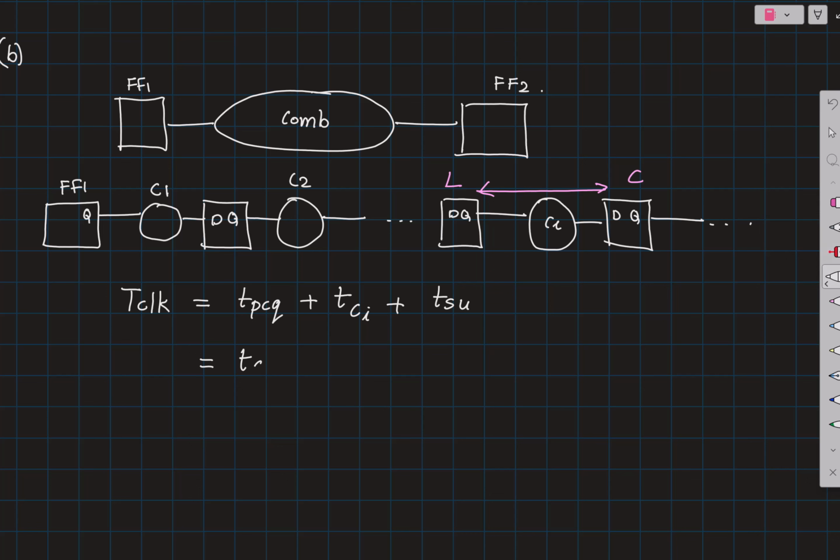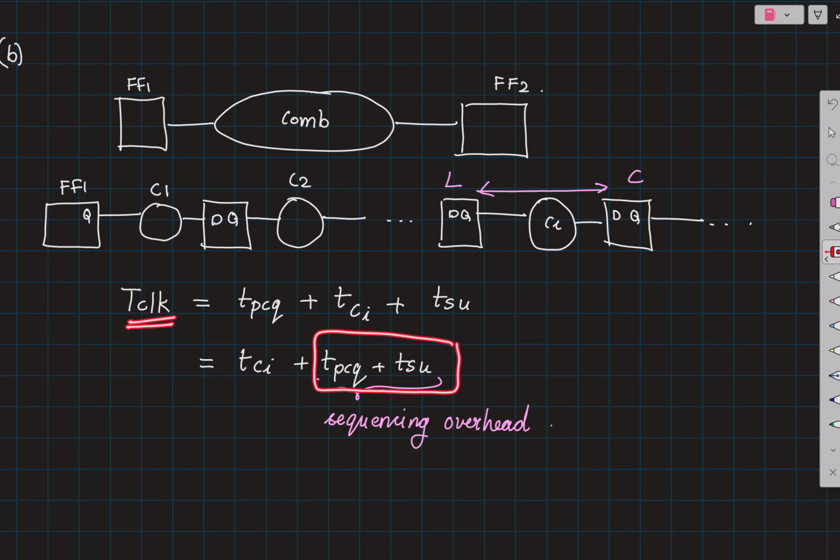So this can be written as T_CL plus T_PCQ plus T_SU. Now this part is called the sequencing overhead. Anytime you are doing pipelining, where you take a big combinational circuit and break it down by inserting additional flops, with every new path that you create, the clock period will have to be greater than this.